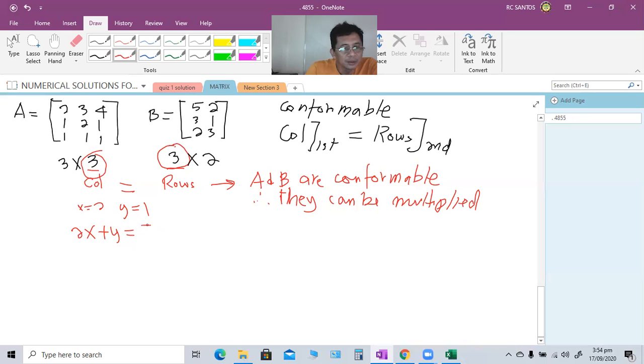So this is 5. Tama ba? So 2 times 2 plus 1 plus 5. Thus we have x minus y is equal to, so 2 minus y plus 1.